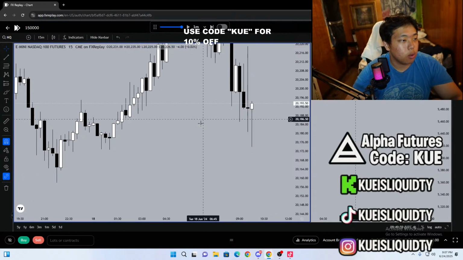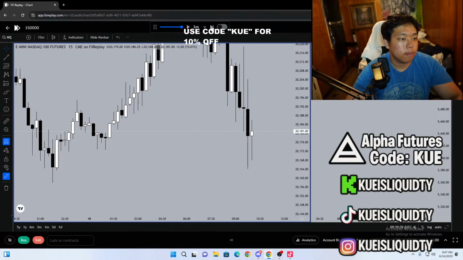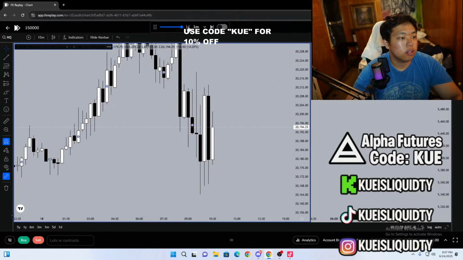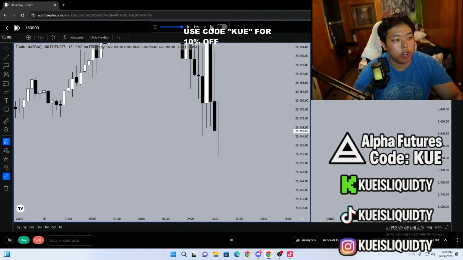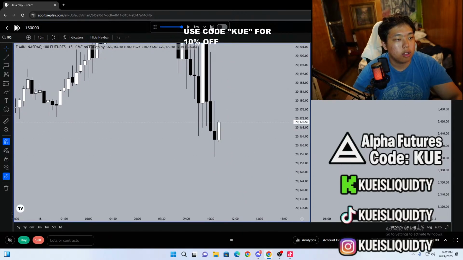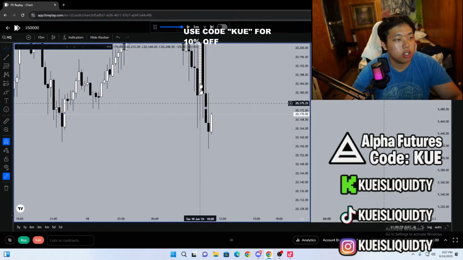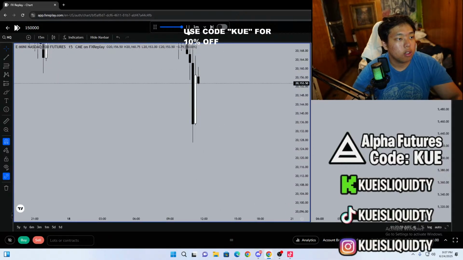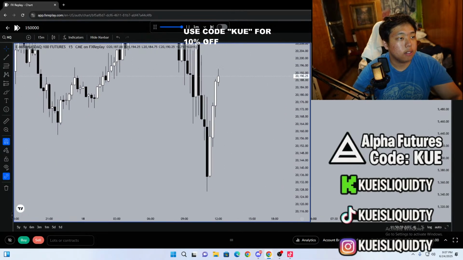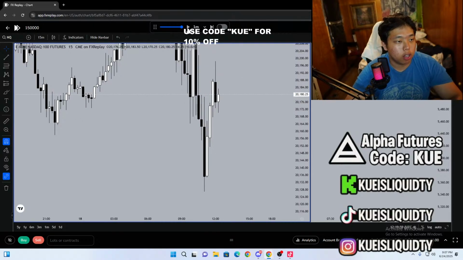We're just looking for buy side liquidity swept. We're just waiting for this candle to turn green. So no, I wouldn't take this. We just wait for a bullish rejection block.